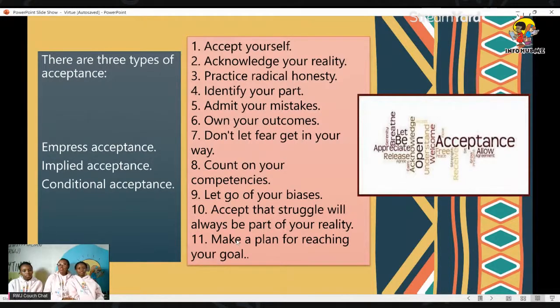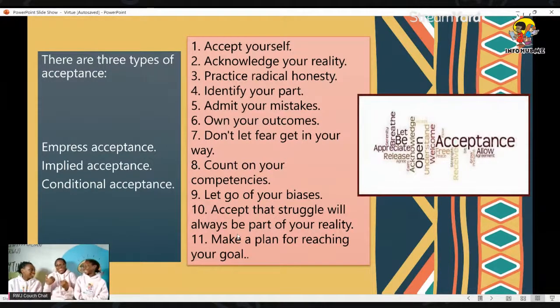Accept the struggle will always be part of your reality. If you're different, if you're on the big side, your struggle will always be on that. If you are so slim and you're struggling with anorexia, the struggle will be there. Face your reality. If you have dimples and you can't take them away, accept yourself.